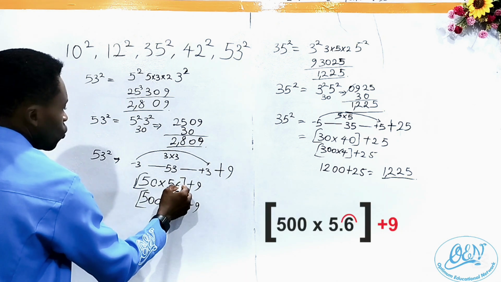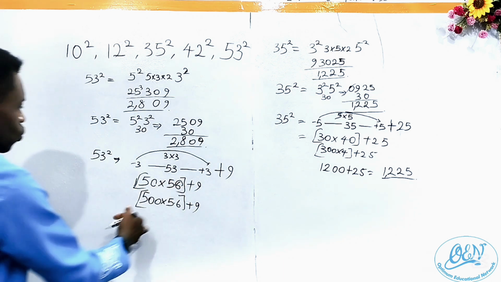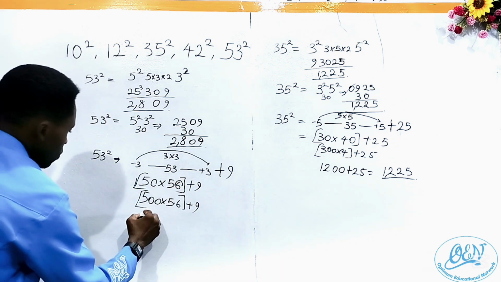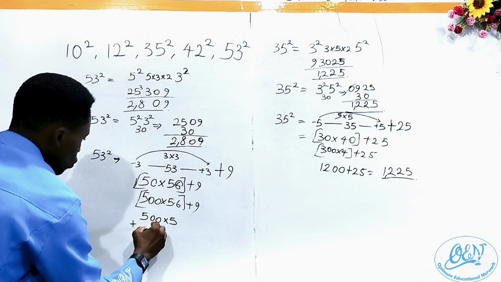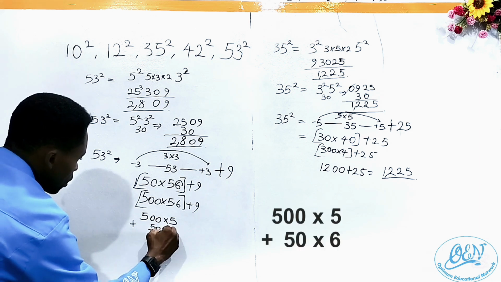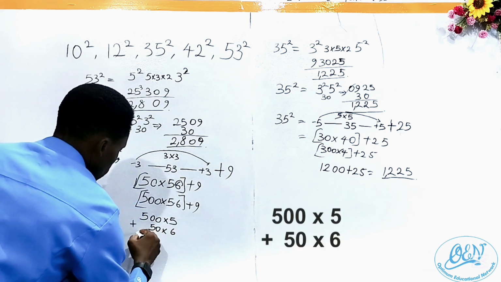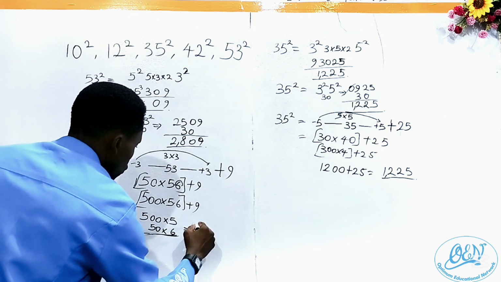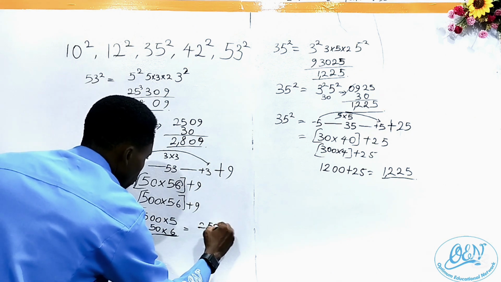Moving this same one space back. I hope you know this is the same thing as 500 times 5 plus, now I moved one space back, so I can have 50 times 6. So this is going to give us 500 times 5 is 25, of course.